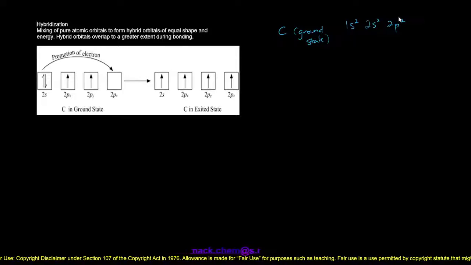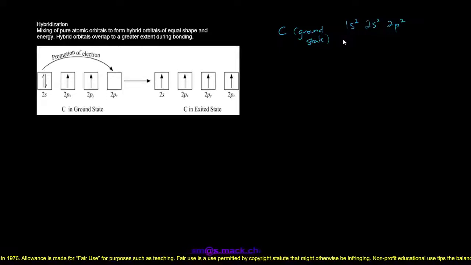How can carbon form 4 bonds if there are only 2 single electrons available in that 2p subshell?